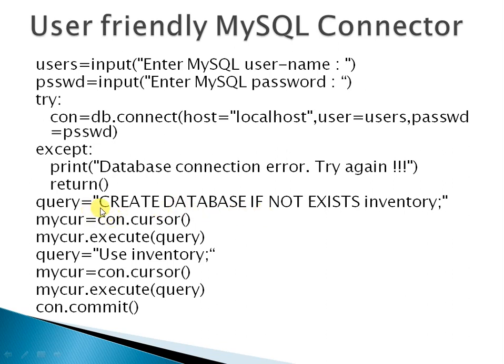Please note that we have used a separate query using some special keywords. You can see we have written the query as create database if not exists, and the name of the database is inventory. So if the inventory database exists on that system, it will not be created. Otherwise, my Python code will create a new database named inventory on that system.